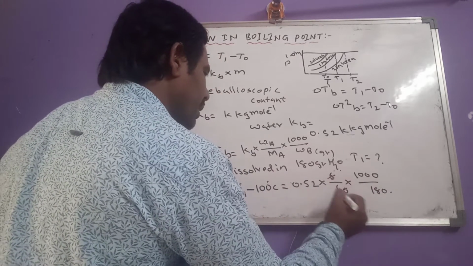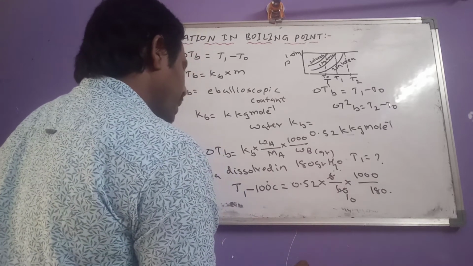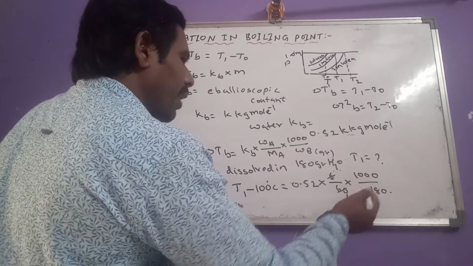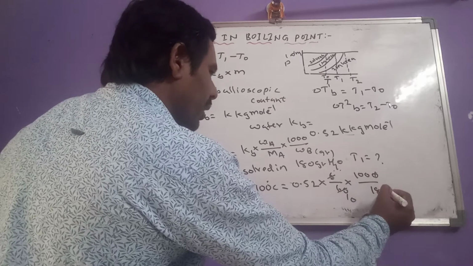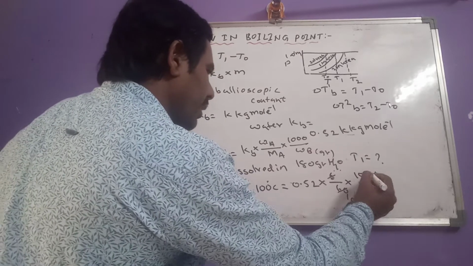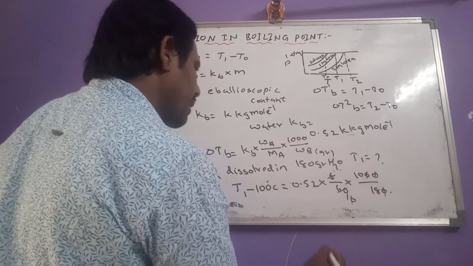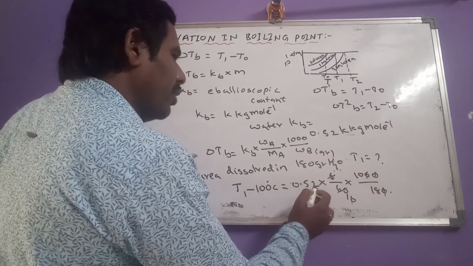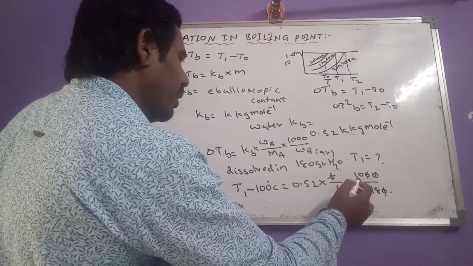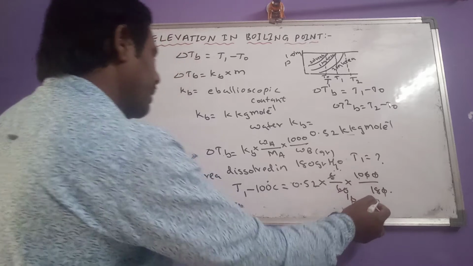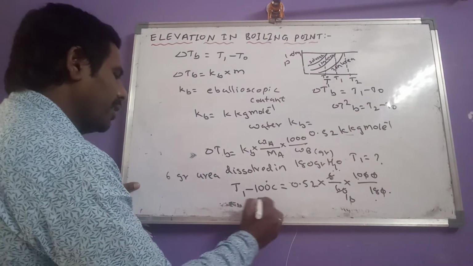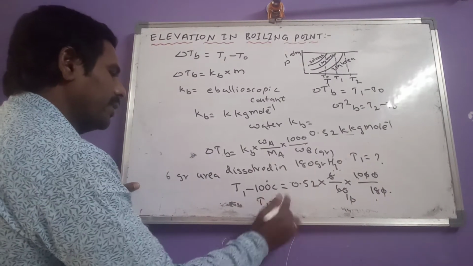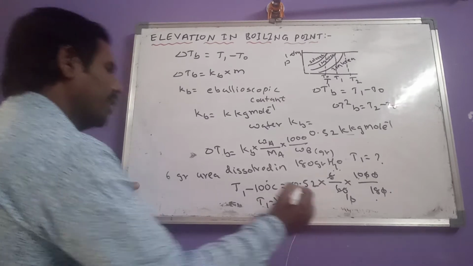So upon calculation, zeros get cancelled here, another zero also gets cancelled. Now 0.52 into 10 gives 5.2 by 18. Upon this calculation we can get the T1 value.